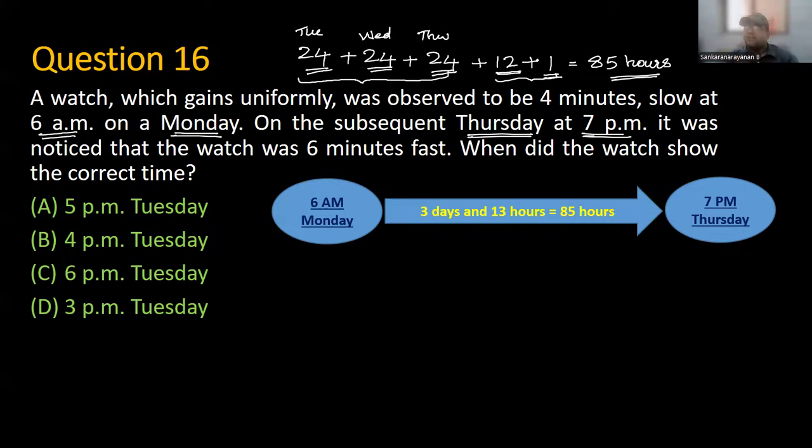Now, let's see what is happening in this 85 hours. The clock was originally 4 minutes slow. It is running 4 minutes behind the schedule. And you can see by 7 p.m. Thursday, it is 6 minutes fast. When I say 6 minutes fast, it is above the scheduled time, which means the clock got altogether from -4 to +6.